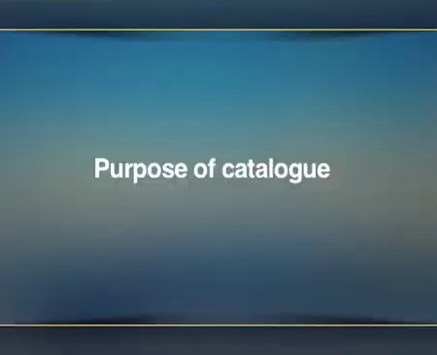Now you need to understand what are the purposes of the catalog. There are multiple purposes, and first and foremost is the utilization of library material. A catalog helps the users in identifying the relevant material for their study and research, because if you look at the holdings of a library, it is very difficult for users to identify the relevant ones which match their research work, and the catalog becomes very handy here.